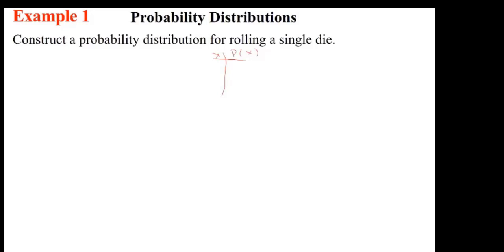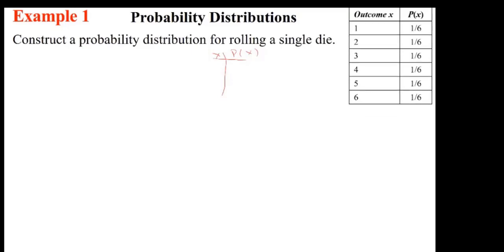So X in this case represents the outcome, and P of X the probability of that specific outcome. Now, when we are dealing with rolling a basic die, there are 6 sides, and so X can be number 1, 2, all the way to number 6. Also, the probability for each case is equally likely, it's 1 out of 6. So this is basically what we mean by probability distribution.